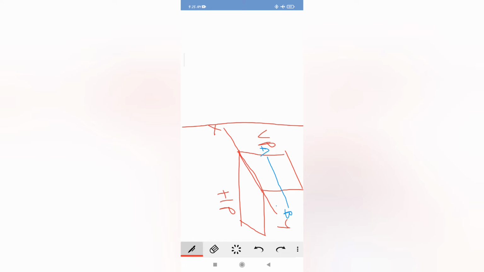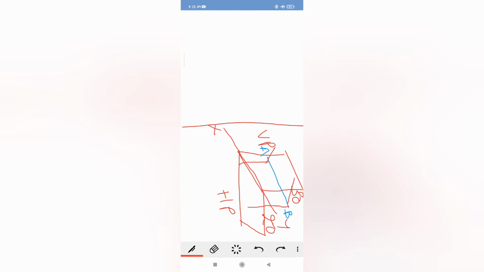That means from the horizontal plane it is at a distance of 20 mm, and from the vertical plane it is at a distance of 30 mm. This is what is given in the question.